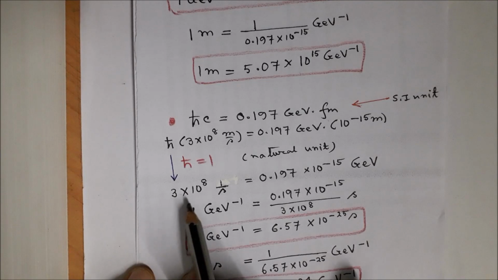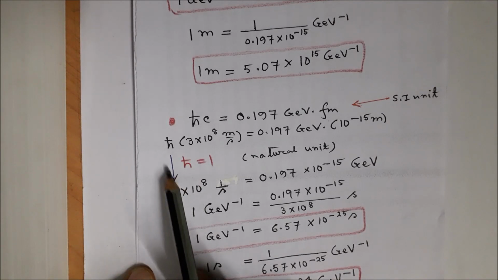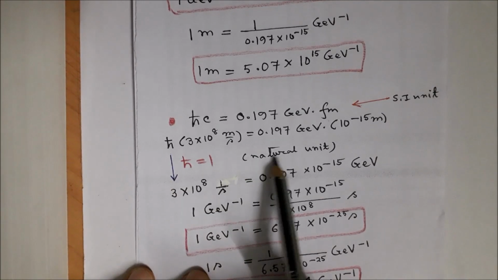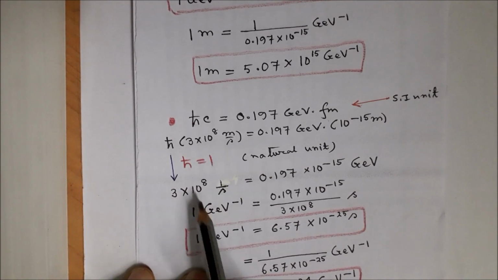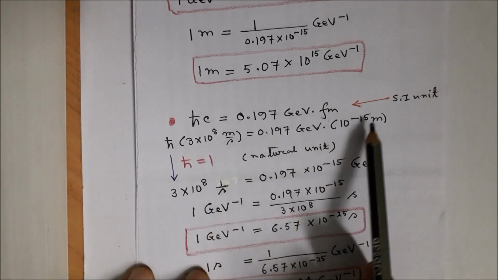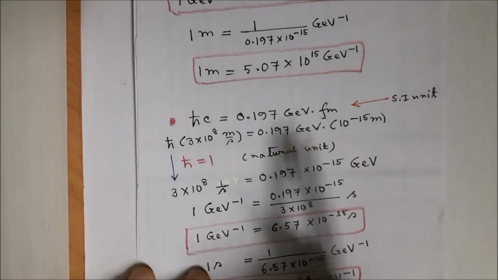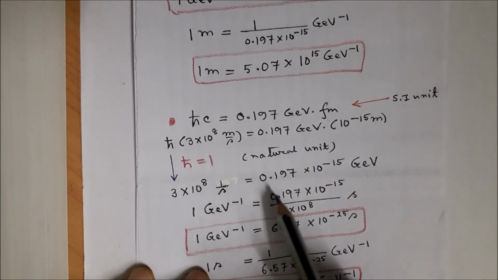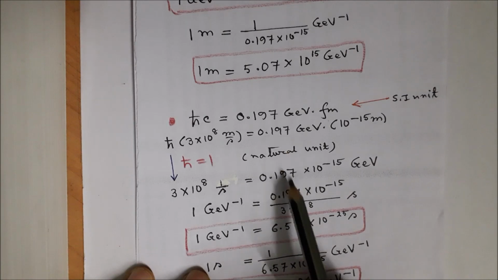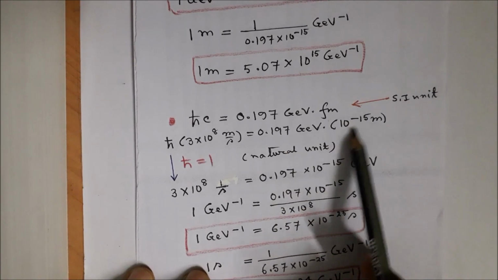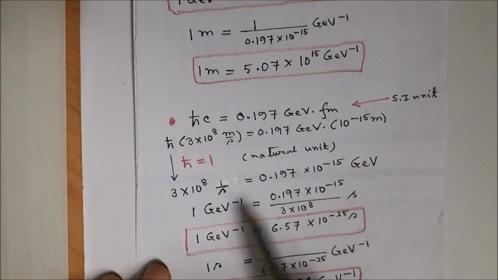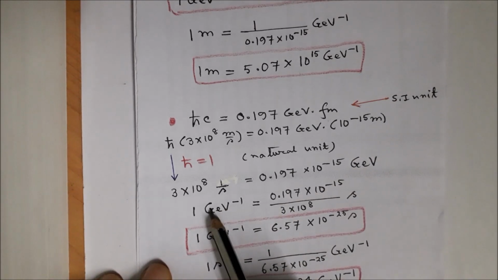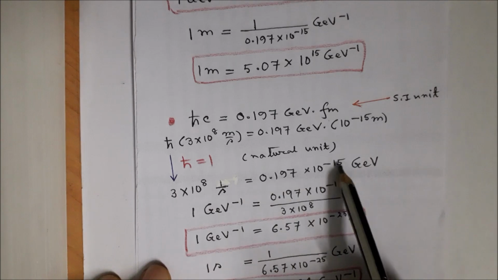So we have, therefore, in the next step, as per natural unit, H cross 1. So we have this part 3 into 10 to the power 8. Meter and meter will cancel out. So we are left with 1 by second. On this side 0.197 and 10 to the power minus 15 into GeV. Now pull it down here. GeV can be taken to this side, and 1 by second can be taken to that side.